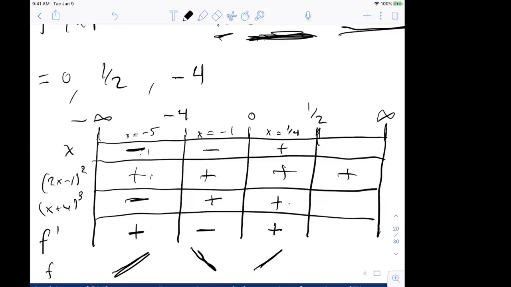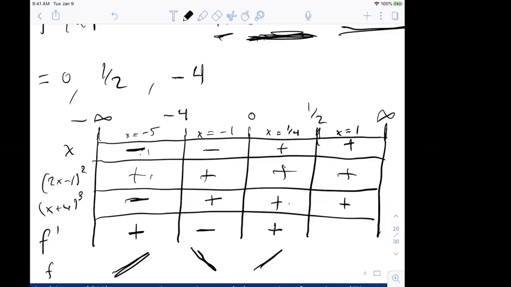All right, last column, what x value do you want to use? 1. x equals 1, perfect. So what sign does x have when x is 1? Yeah, it's positive. Very good. And what about (x plus 4) cubed? What sign does that have when x is 1? Positive, very good.